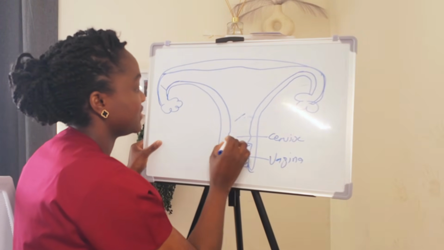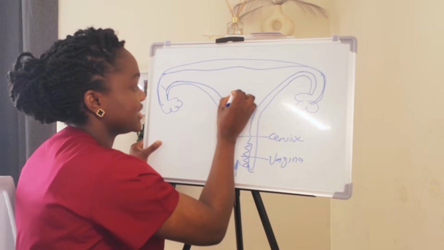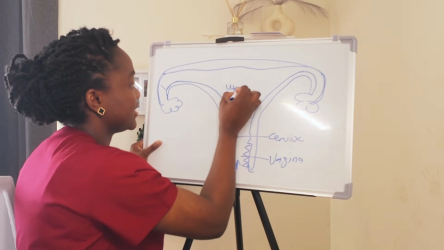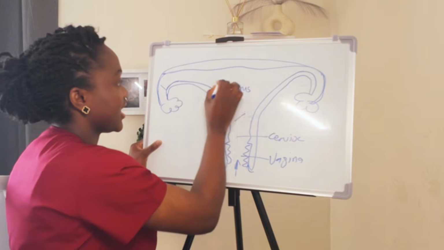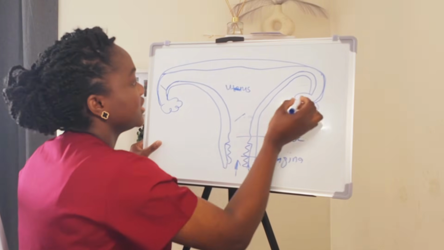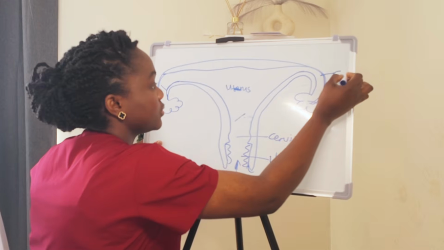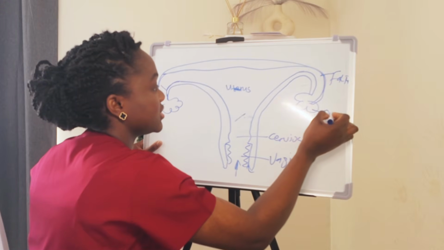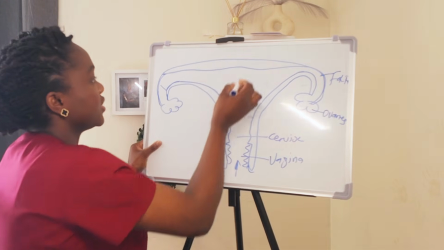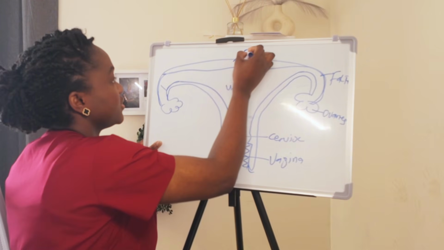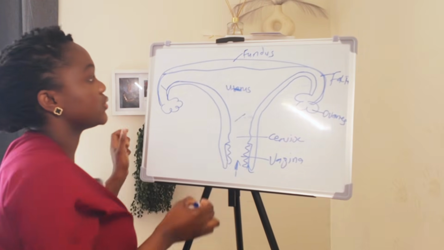This is the cervix, which is the neck of the uterus, and this is the uterus. So I'll just write it here. This is the uterus, this big cavity here, okay? This is the fallopian tube. The fallopian tube, this is the ovaries, okay? This is like the fundus of the uterus, the fundus, okay?